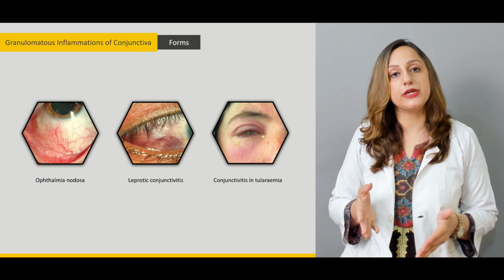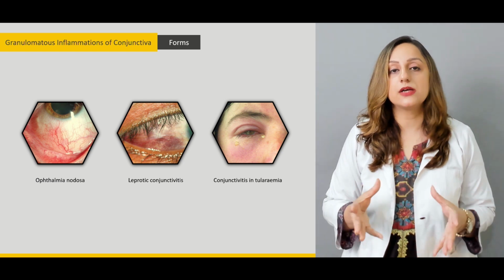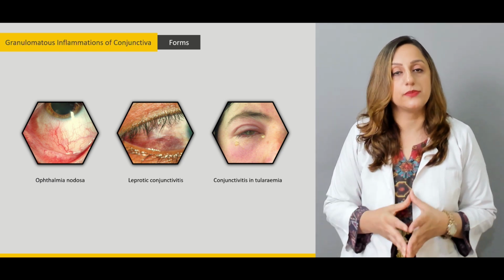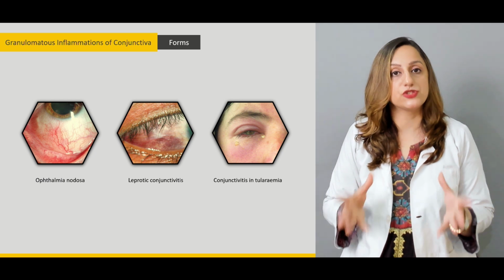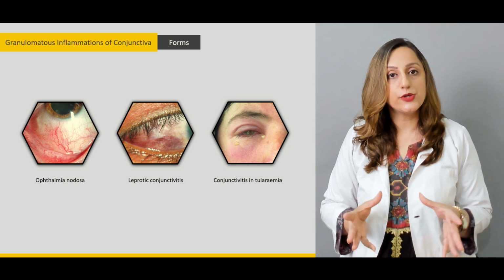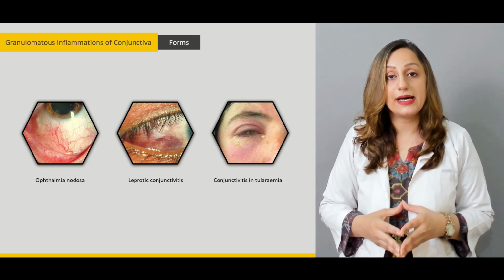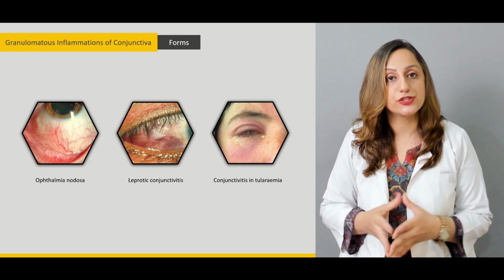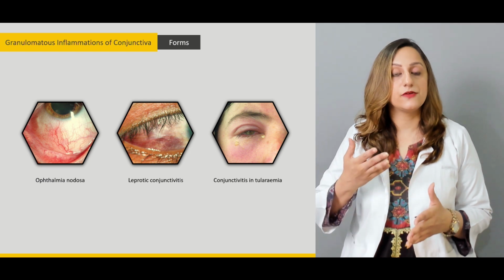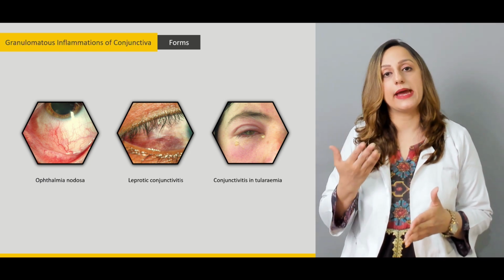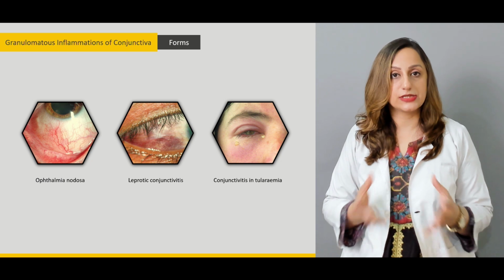It can involve the formation of papillae or follicles on the bulbar or the palpebral part of the conjunctiva. So overall, you would have a patient suffering from a chronic infection, presenting in the outpatient department with follicular, papillary, or hemorrhagic conjunctivitis.